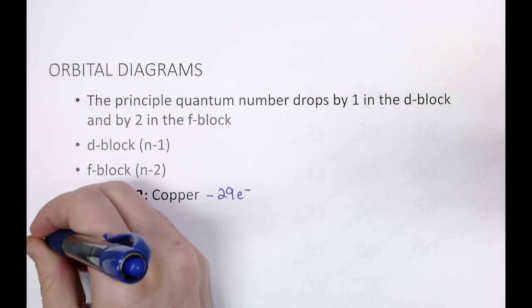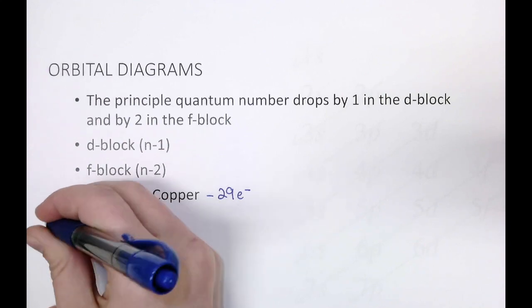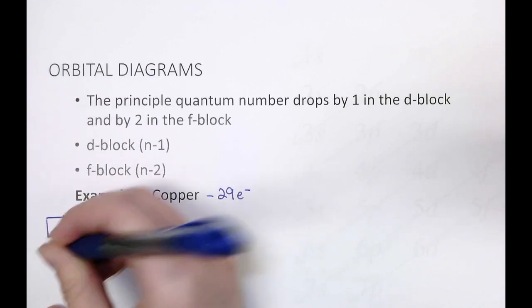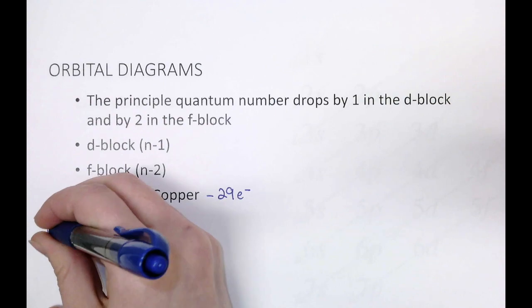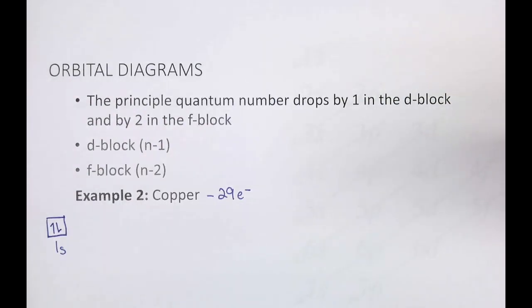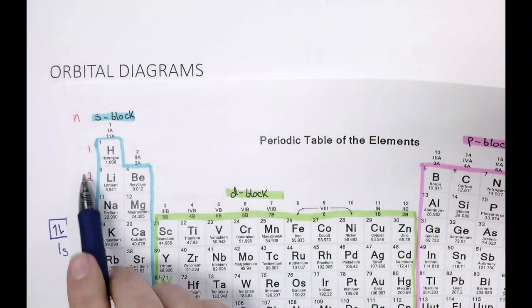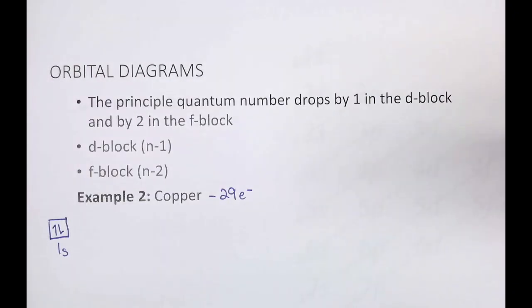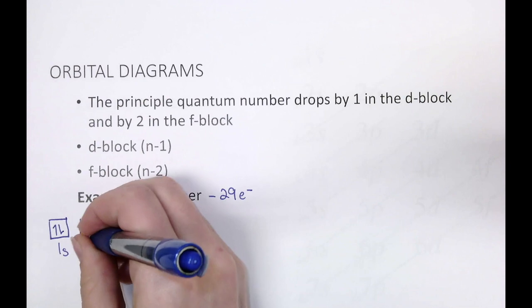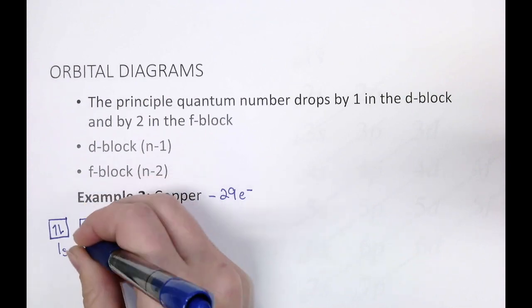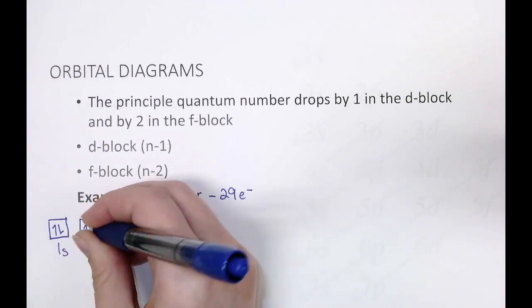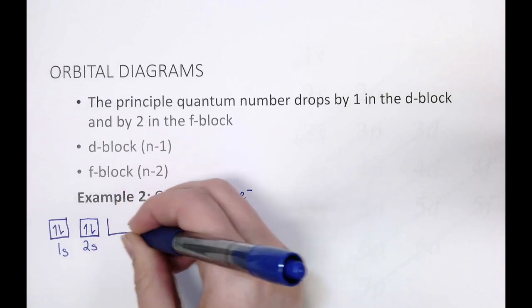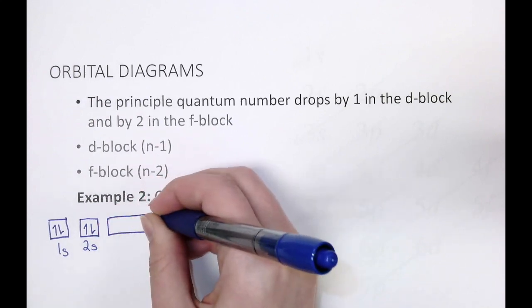So I'm going to have a box for my 1s orbital, 2 electrons. Once you get to row 2, you hit the 2s and the 2p. So a box for 2s, 2 electrons, and a set of 3 boxes for the 2p.